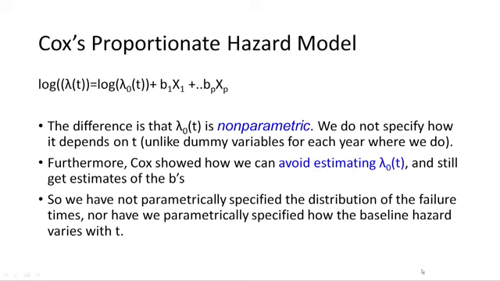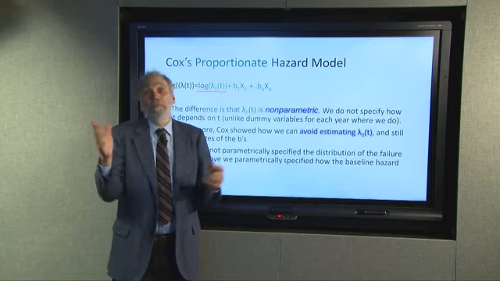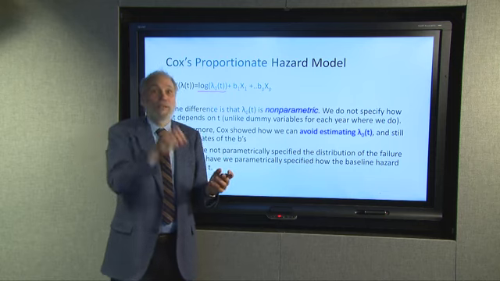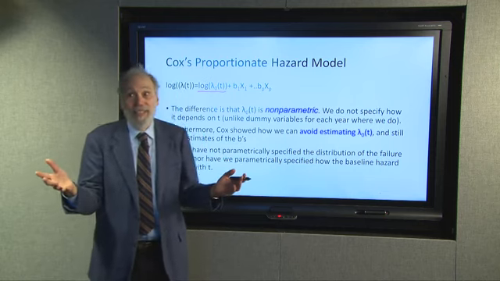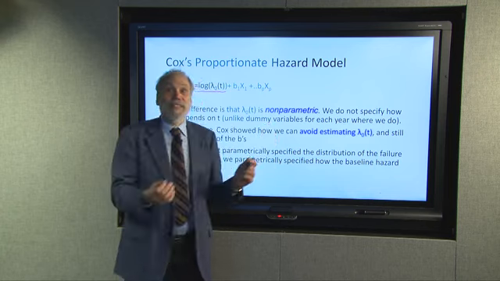The Cox proportionate hazard model is almost identical except that instead of putting in dummy variables for each year to capture how the baseline hazard varies over time, I put in some function of time. Okay. Well, dummy variables for each year is a function of time. This is a function of time.